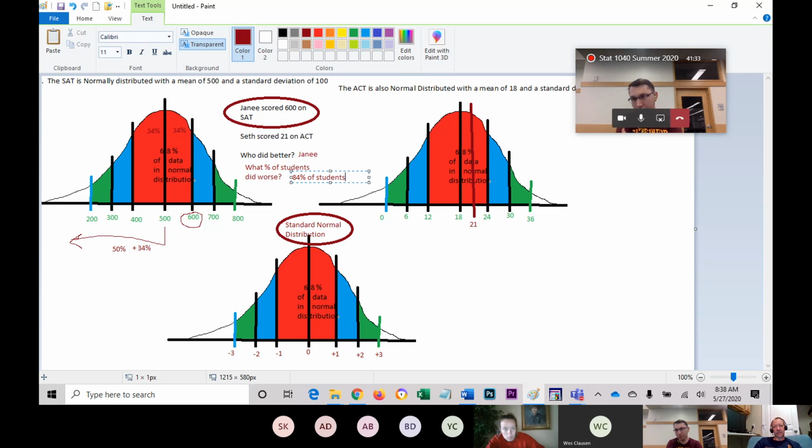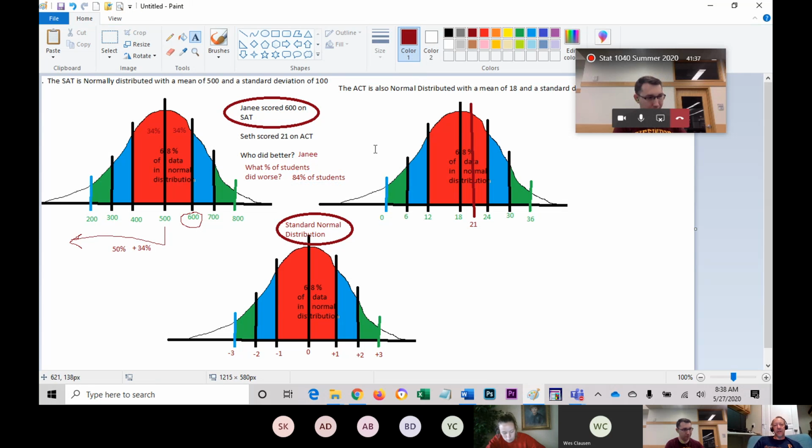Does that make sense? Okay. Now it's a little bit tougher because in Seth's case, Seth doesn't fall on one of the nice standard deviation curves. And so we can do that with Janie.